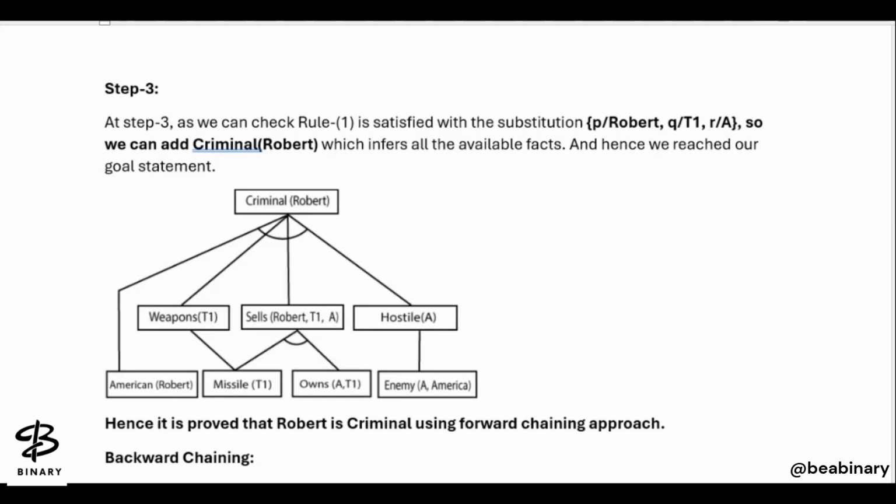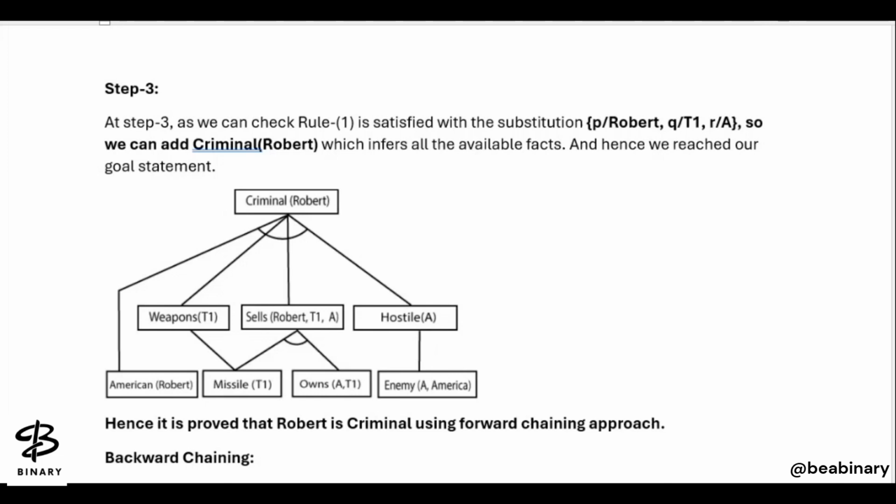So two statements are proved here: that T1 is a missile, and that Q was sold by Robert to the hostile R. Since Q is a missile, we can say that Robert has sold that missile to the hostile, and that missile is now owned by country A.